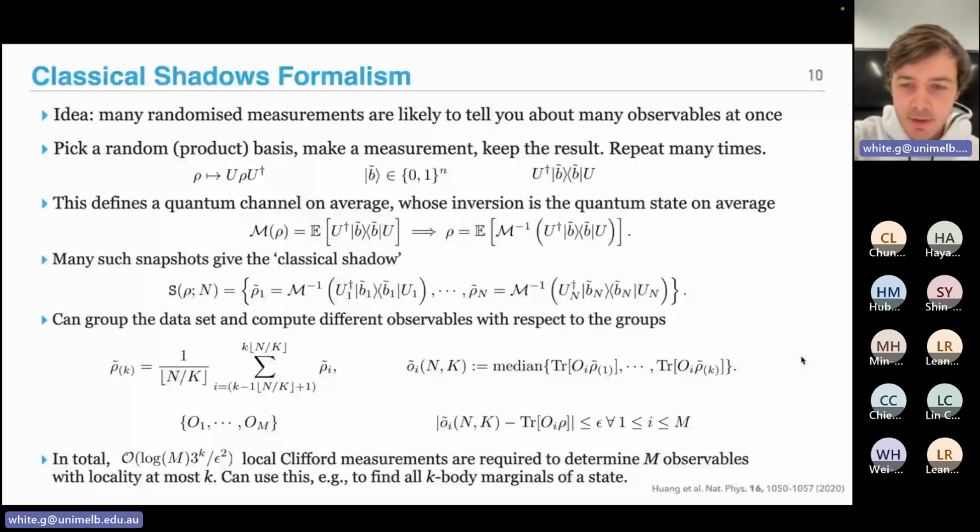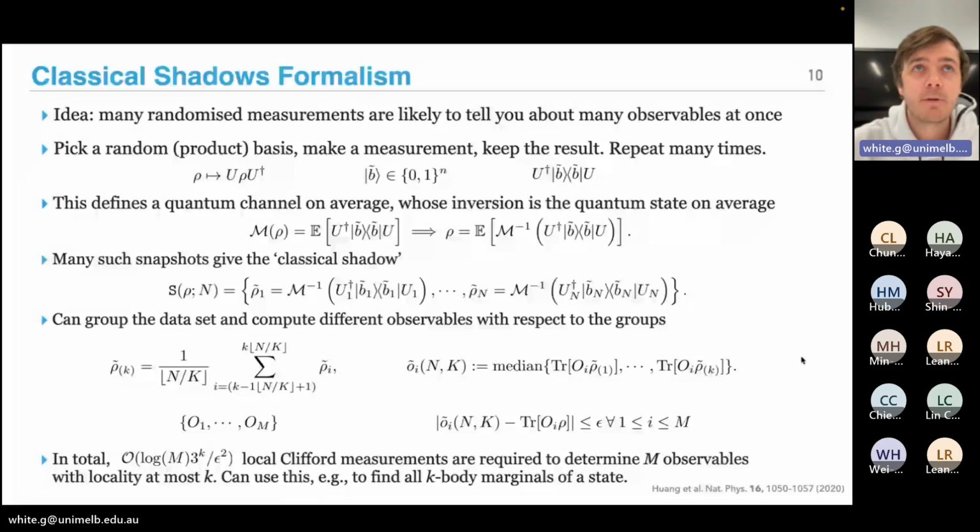Yes, I actually realized I haven't written that. If you have an observable on n qubits and you consider this to be the tensor product of different Paulis on those qubits, the weight is the number of non-trivial Paulis in that observable.